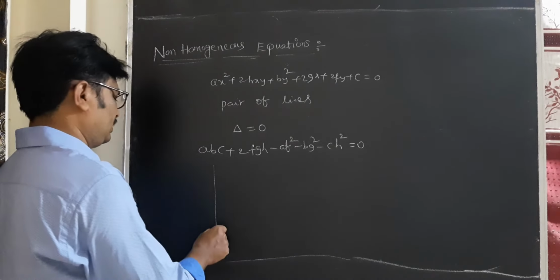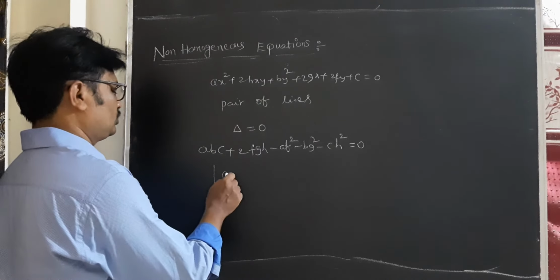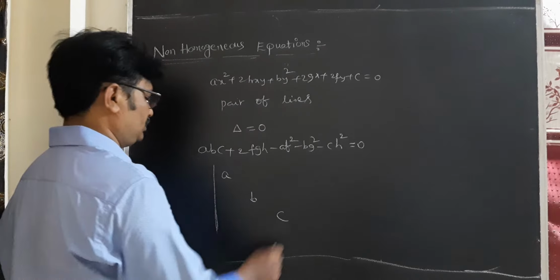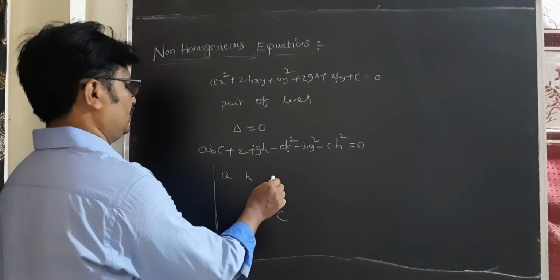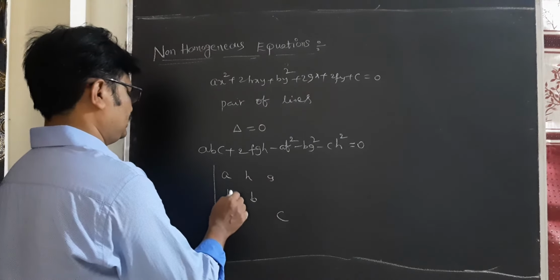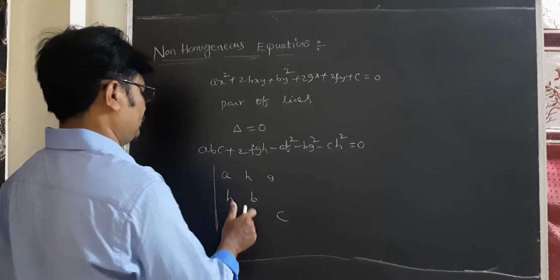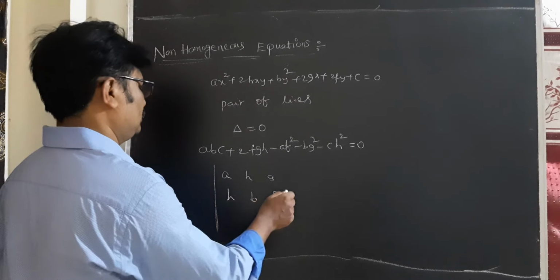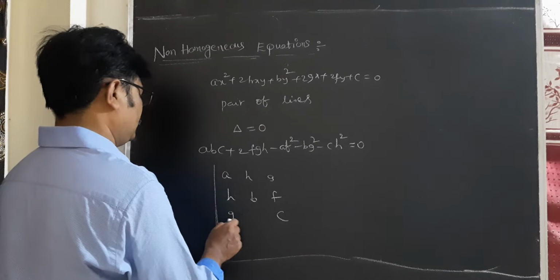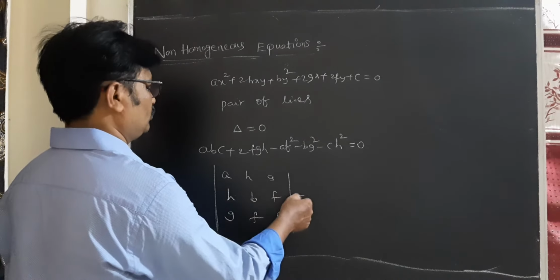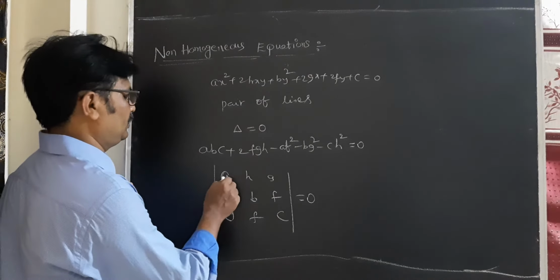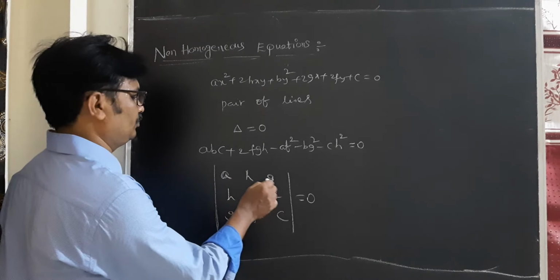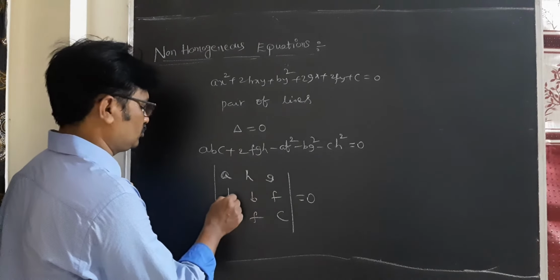In the determinant method, undoubtedly students, first we take the diagonal elements a, b, c. After that, students, this is h and g. This is h. Undoubtedly, student, this is f. Undoubtedly, student, this is g. Dear students, a, h, g. Transpose elements are equal, this is also h.